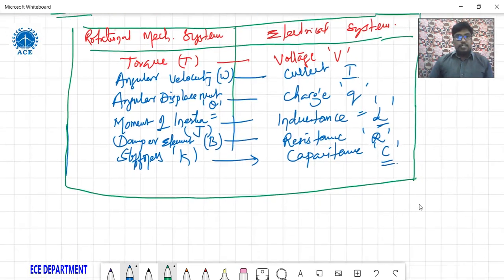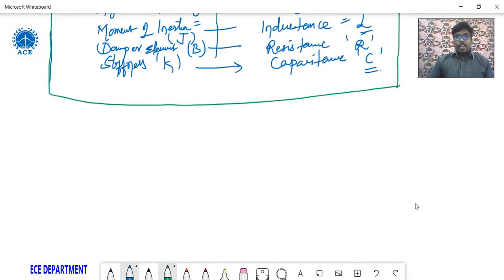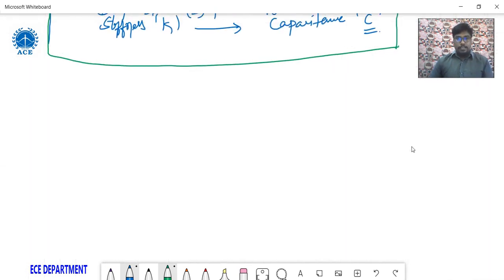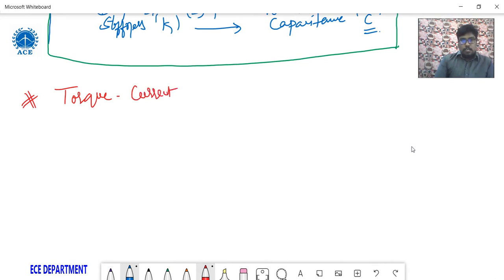Okay, so next we will see the torque current analogy. It is also called TI analogy.